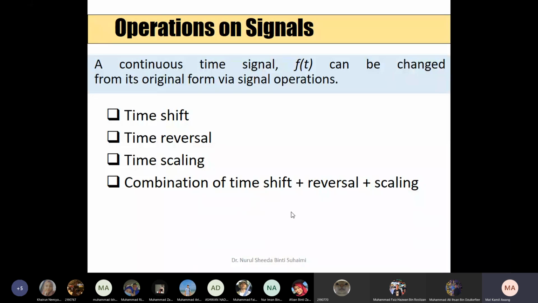It can be a combination of time shift and time reversal, a combination of time shift and scaling, a combination of reversal and scaling, or a combination of all 3. So a continuous time signal f of t can be changed from its original form using these operations. So we can reshape the signal based on these 4 types of operations.